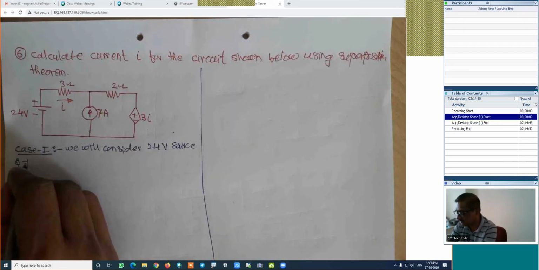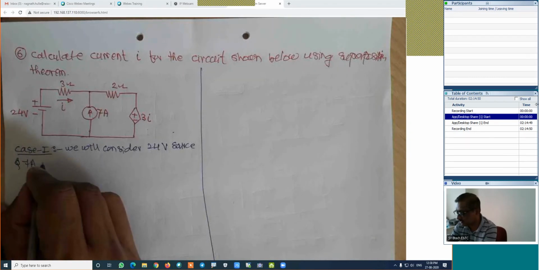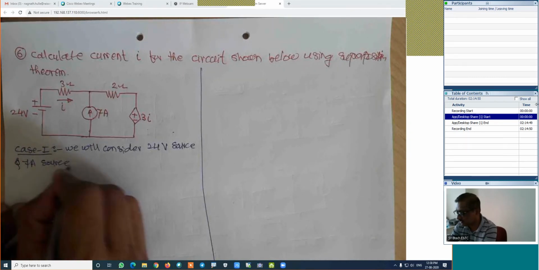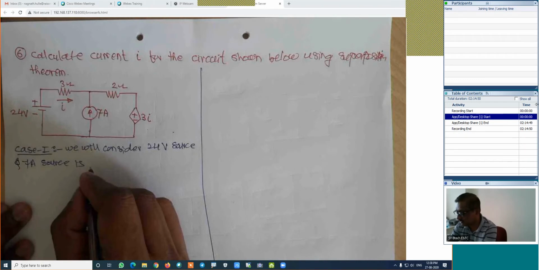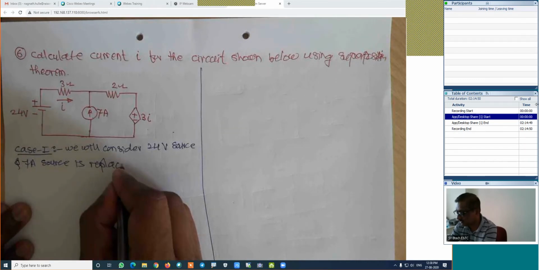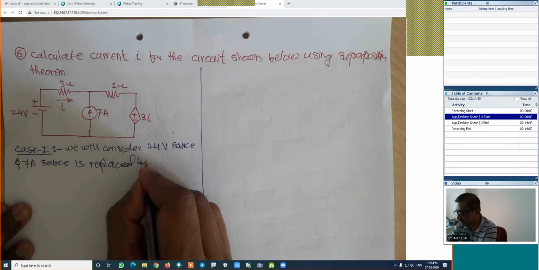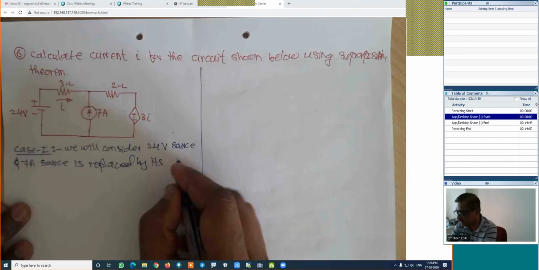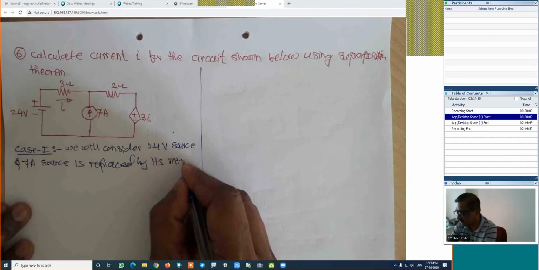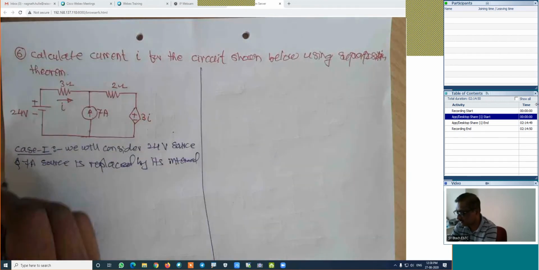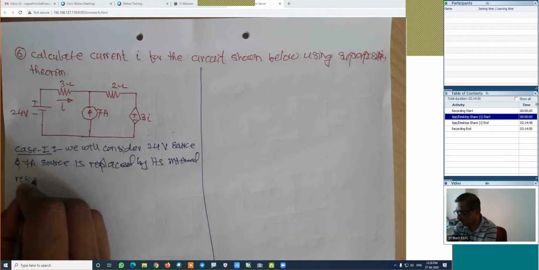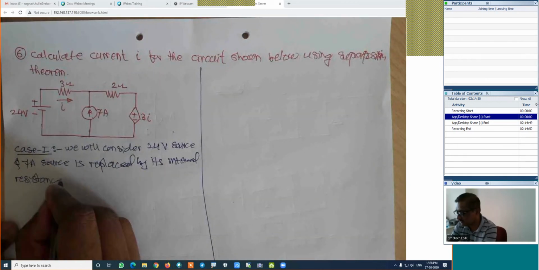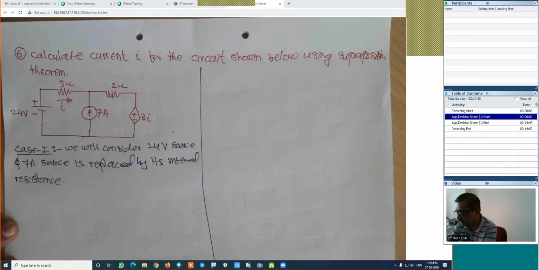And 7 ampere source is replaced by its internal resistance. Is it right? Now look at here, I will draw the next figure.